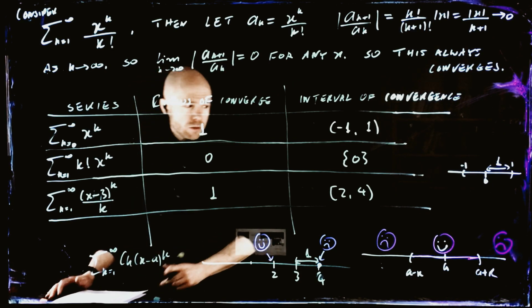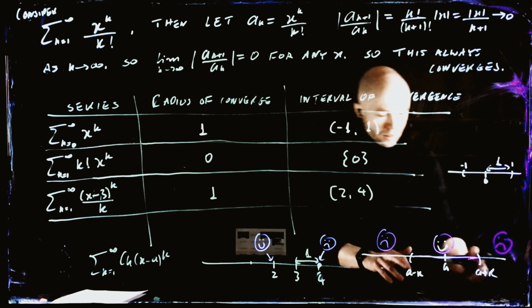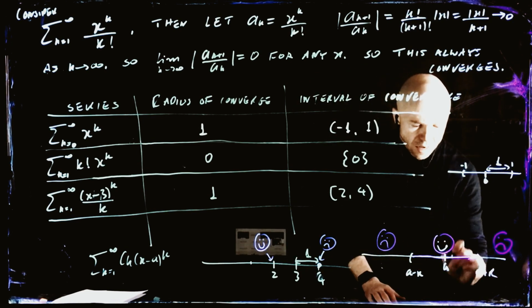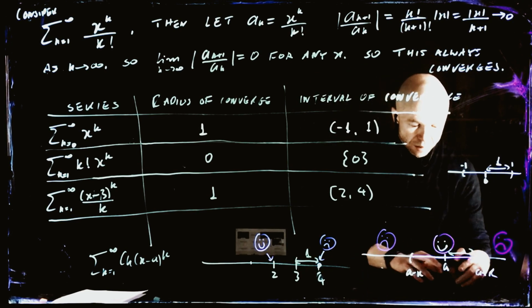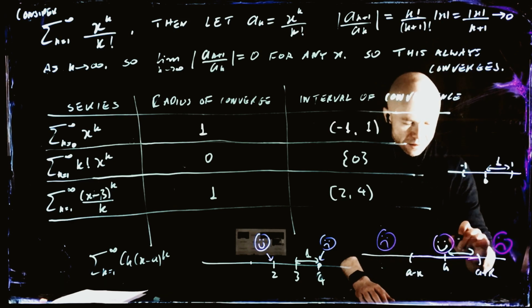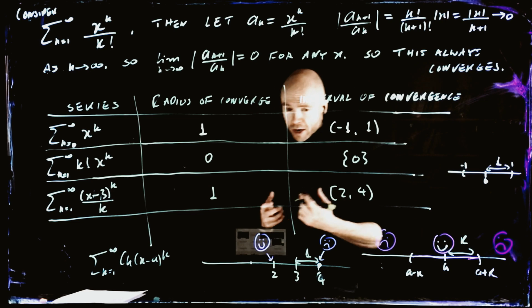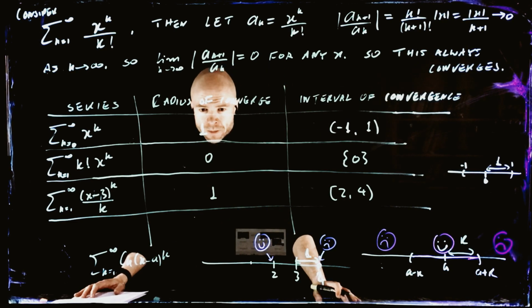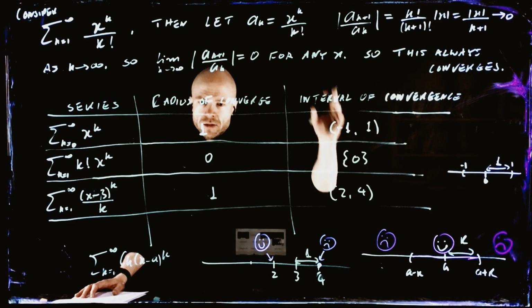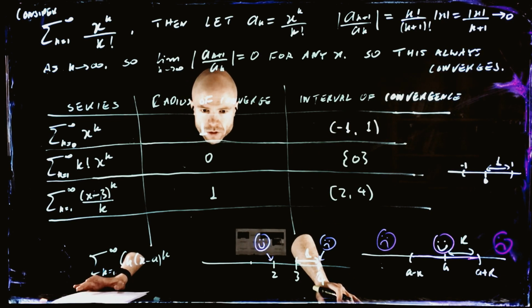We think about what this r is, such that so long as we are strictly between a minus r and a plus r, then that thing converges. That's the radius of convergence. And the interval of convergence is whatever points we find for which it actually converges. Okay, cool. These are the two main concepts you have to learn today.